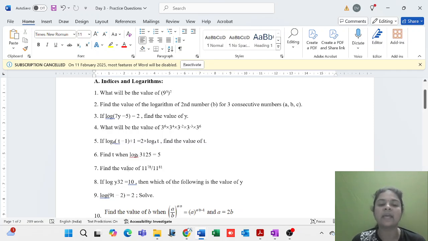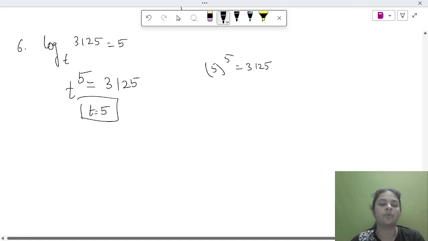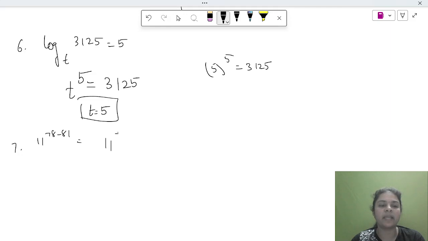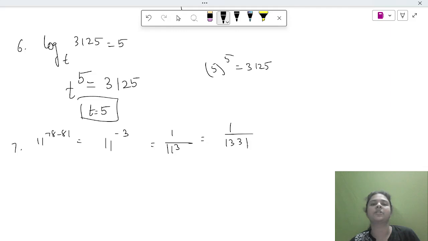So the answer will be 11 power (78 minus 81), which is 11 power minus 3, or 1 by 11 power 3. 1 by 11 power 3 can be further expanded to 1 by 1331. Whatever option is suitably available in your answer, you can choose.